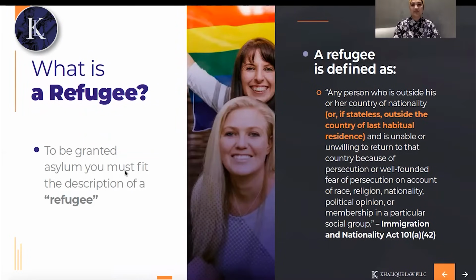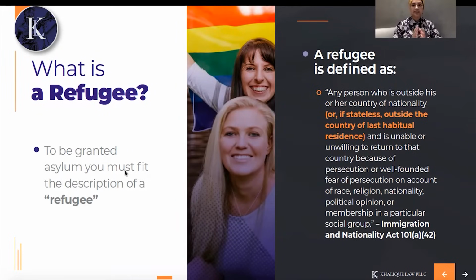So let's get started. So what is a refugee? In order to get asylum, you have to establish that you meet the definition of a refugee. A refugee is defined as anyone who is outside of their country of nationality, so the country where they were born, where they have citizenship, or if you don't have a country of citizenship, where you last resided for a significant amount of time and have some ties there.